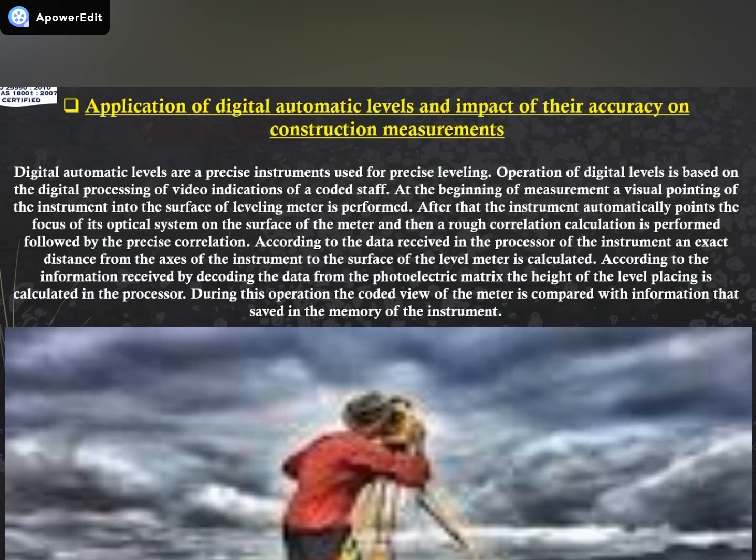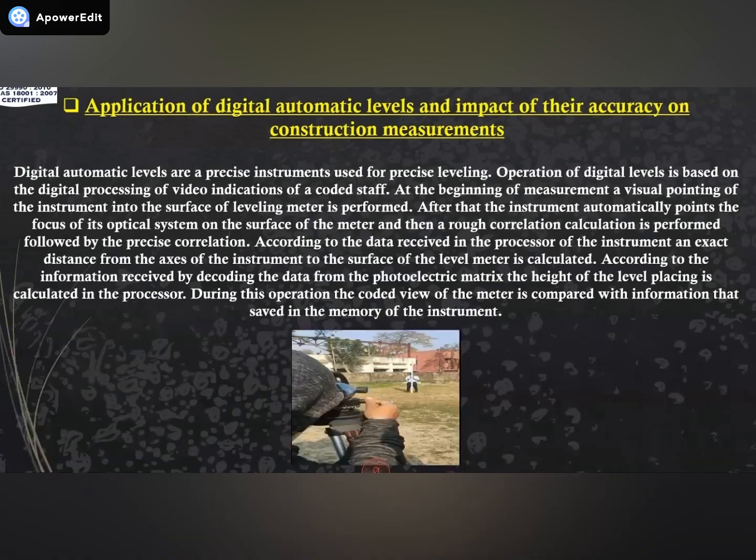According to the information received by decoding the data from the photoelectric matrix, the height of the level reading is calculated in the processor. During this operation, the coded view of the meter is compared with the information saved in the memory of the instrument.